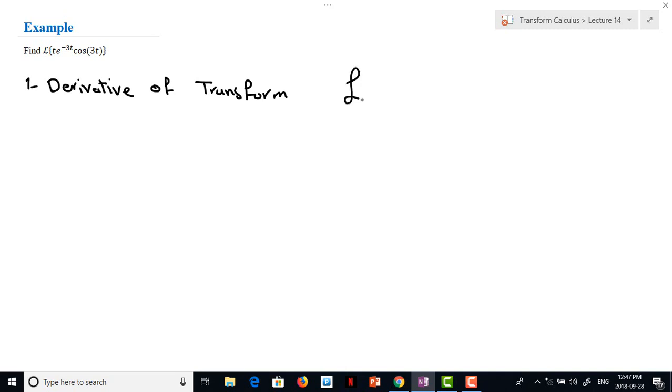Based on derivative of transform, we have the Laplace transform of t to the power of n times f(t) equal to minus 1 to the power of n, the nth derivative of the Laplace transform of f(t).